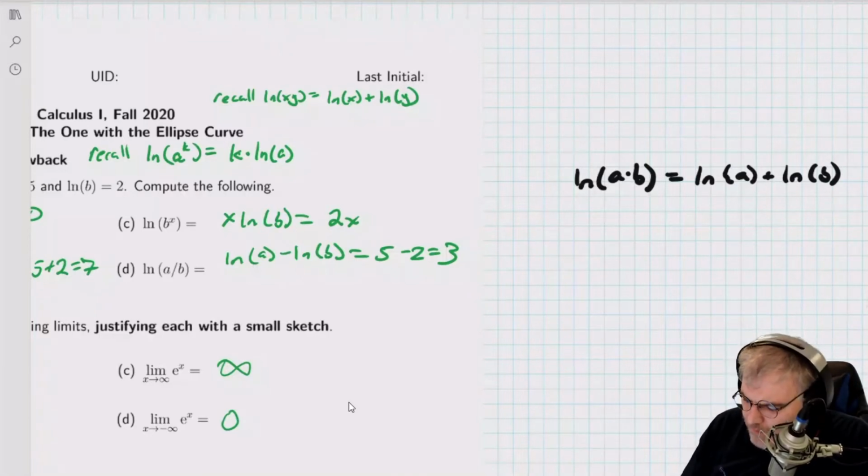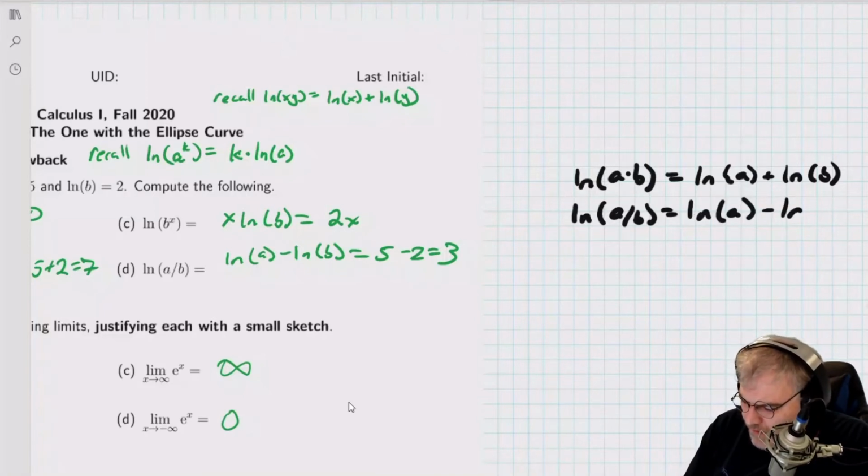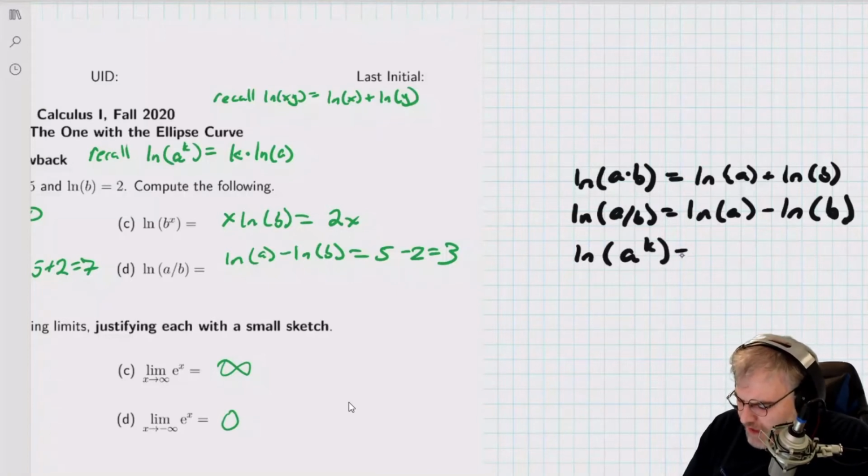And remember there are these other rules, right? I've got that the log of a over b equals the log of a minus the log of b. And then I have that the log of a to the k equals k times the log of a.